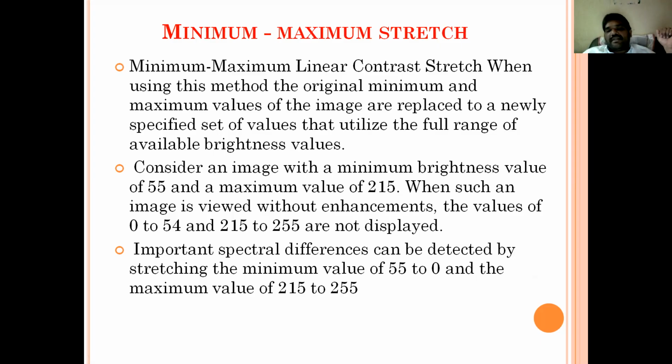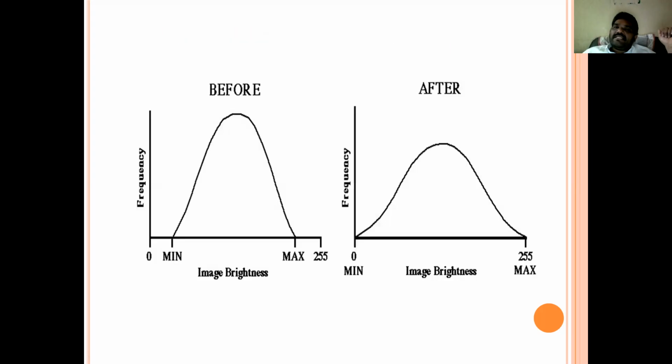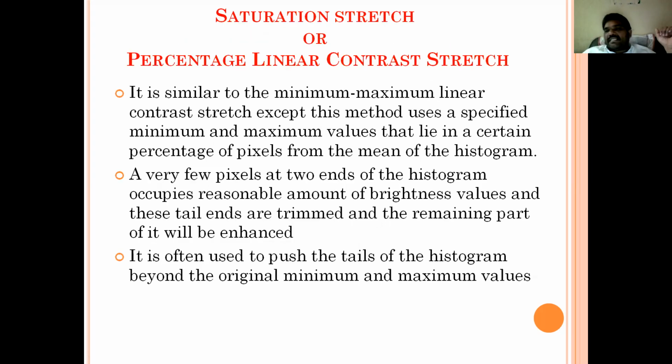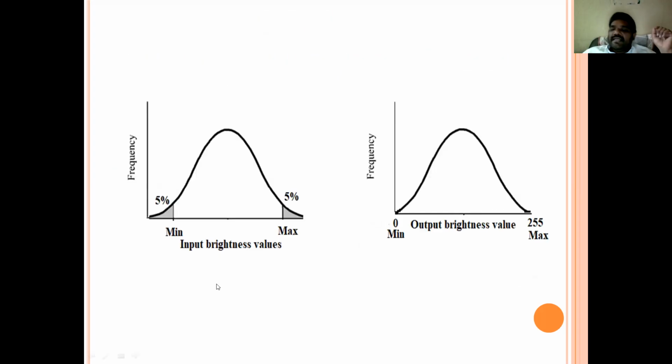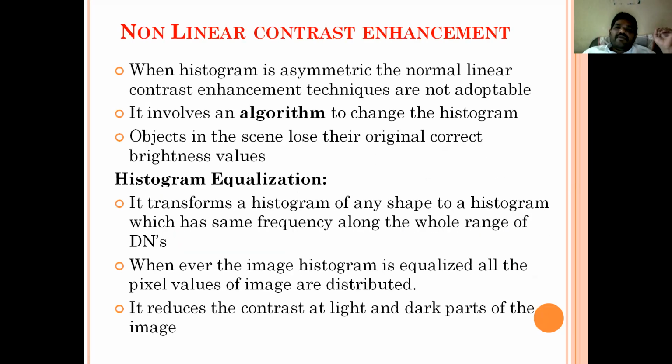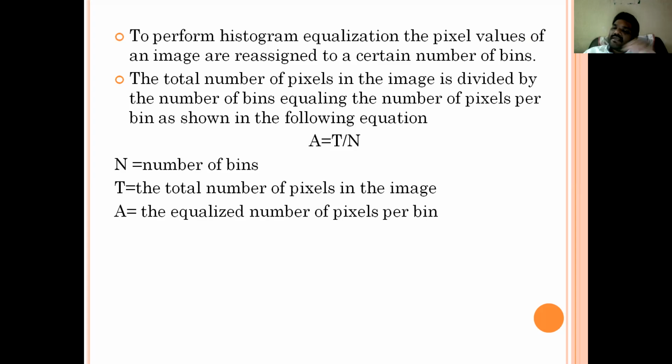That's why we went for minimum to maximum here, but there is no such possibility. That is the reason we are just trimming the ends, because the center portion of the histogram mostly holds the information of the image or the target. Understand? And followed by non-linear contrast enhancement, where algorithms are used. This is about the filtering. This is about the contrast enhancement.